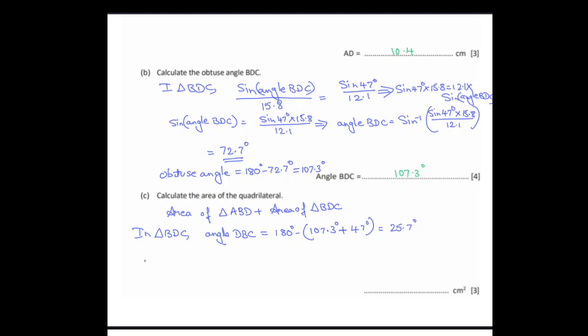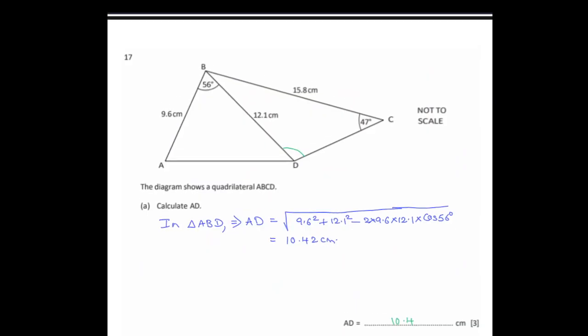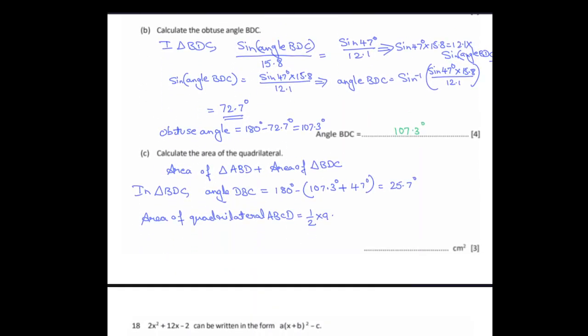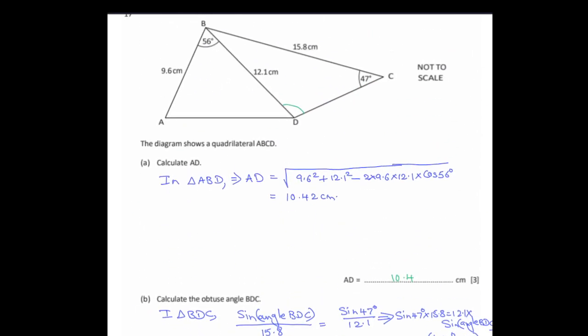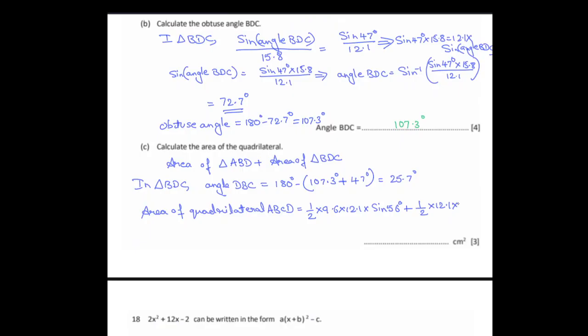Now find out the area of the quadrilateral ABCD, which is equal to half into AB, half into 9.6 into 12.1 into sine 56 plus half into 12.1 into 15.8 into sine 25.7.